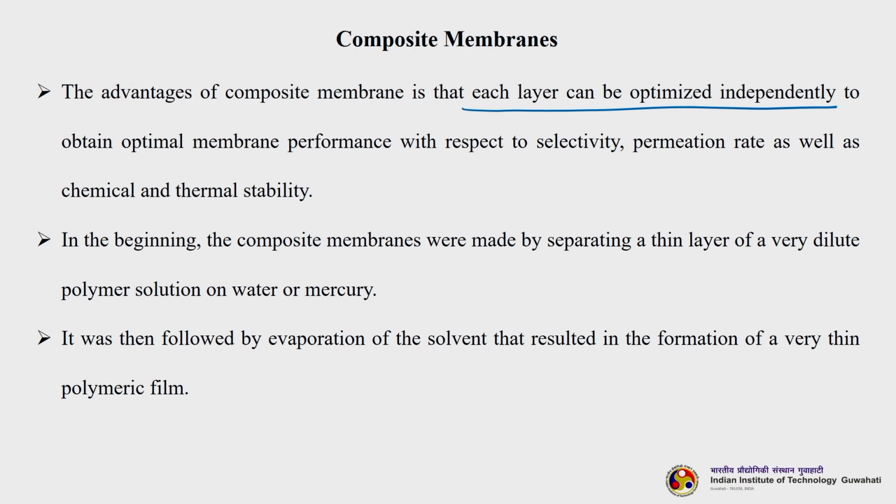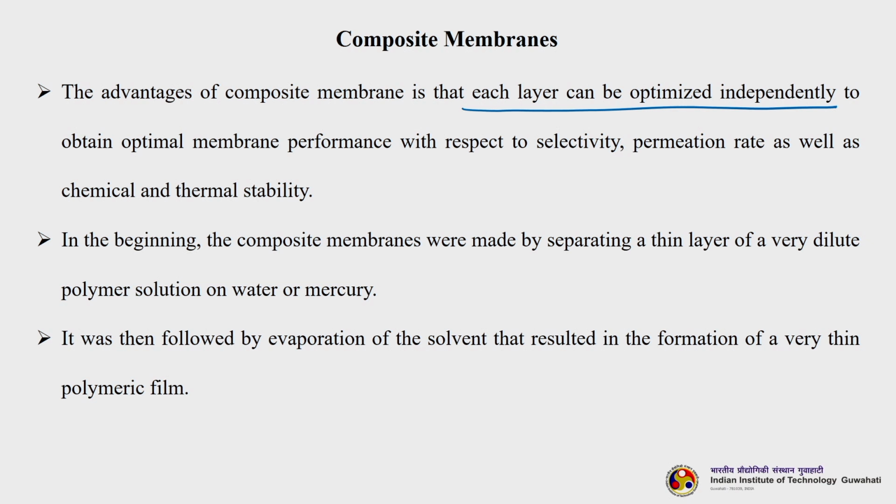Even in a multi-layer composite, the layers have distinct pore sizes and we can characterize and optimize them independently, so as to obtain a particular targeted separation and optimized membrane performance, with respect to selectivity, permeation rate as well as chemical and thermal stability. These are the parameters which are important for any chemical separation process.